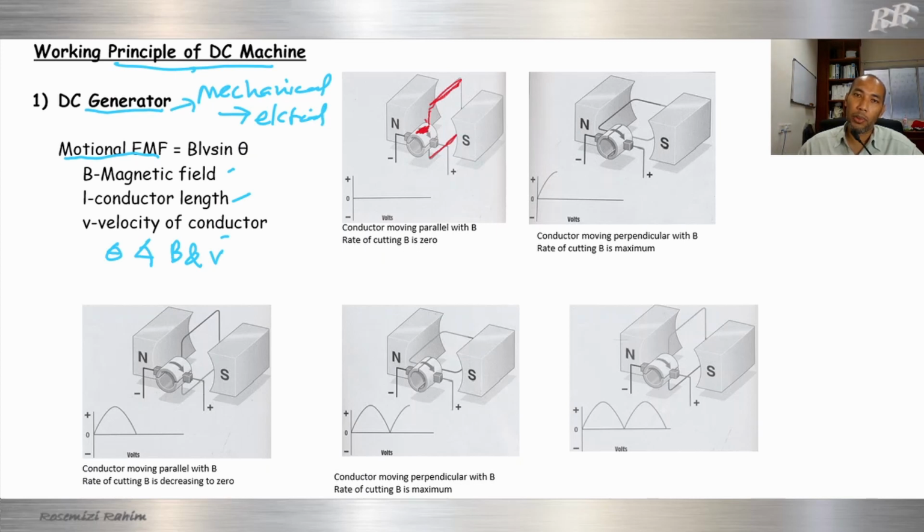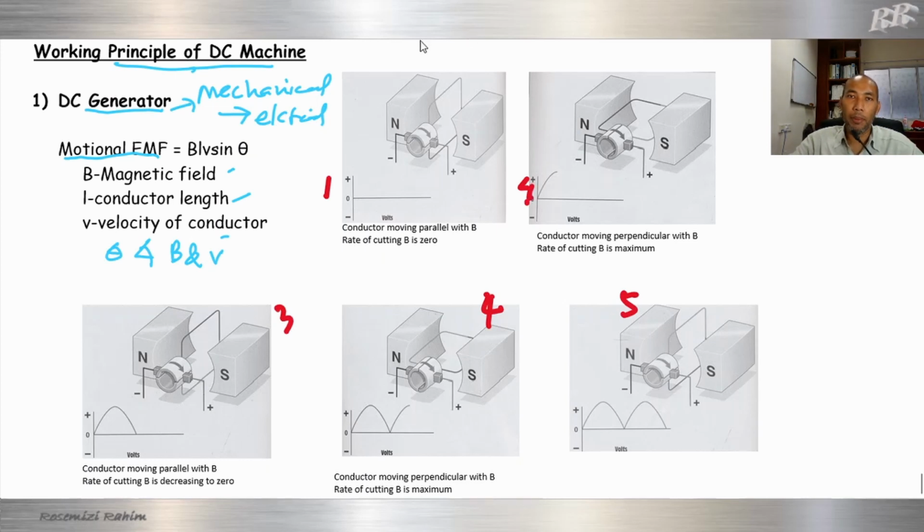The current will flow through the commutator, then go to the brush, and then to the external circuit. We divide this into five figures, figure number 1, 2, 3, 4 and 5, five stages.